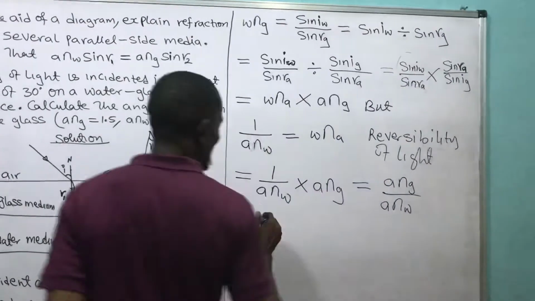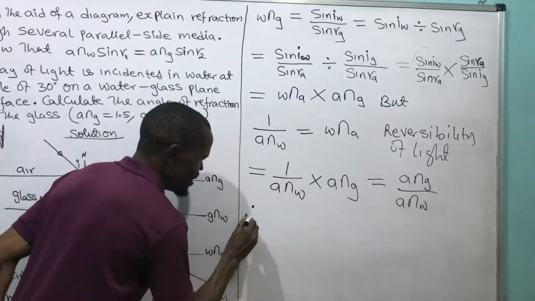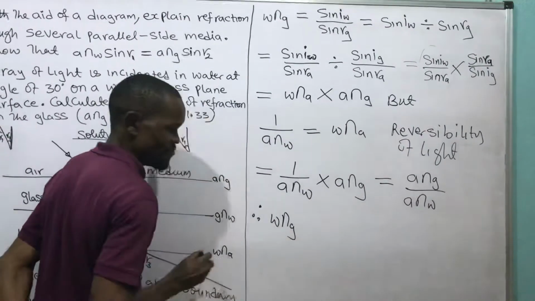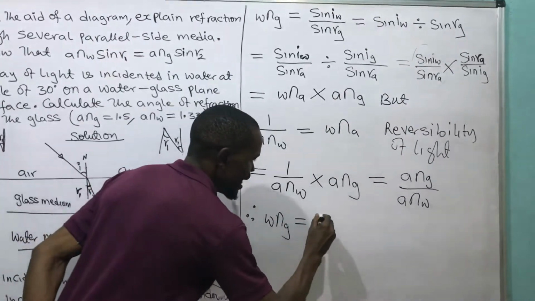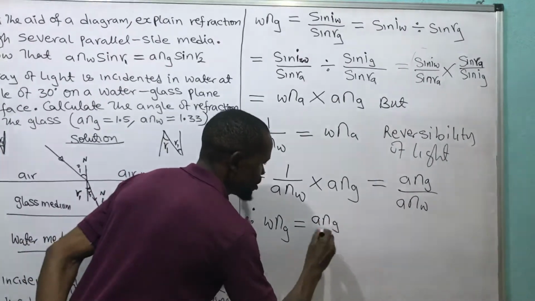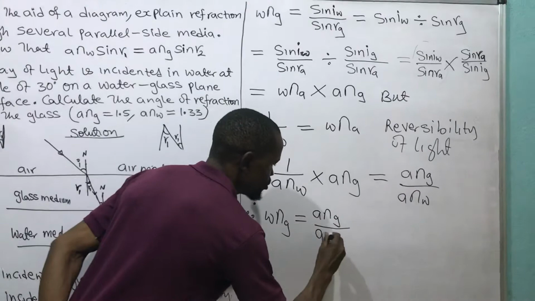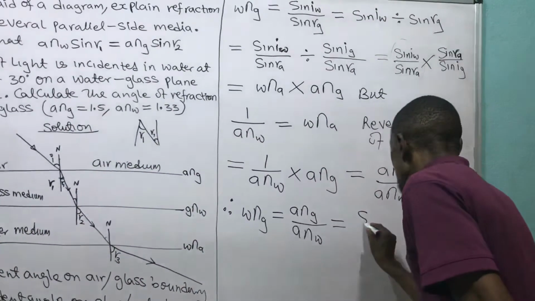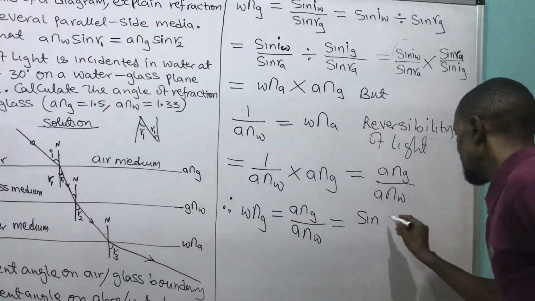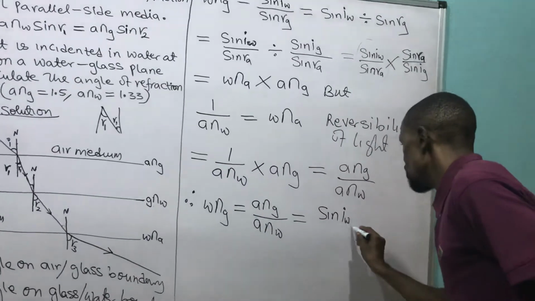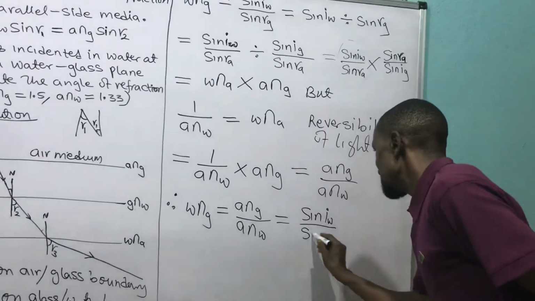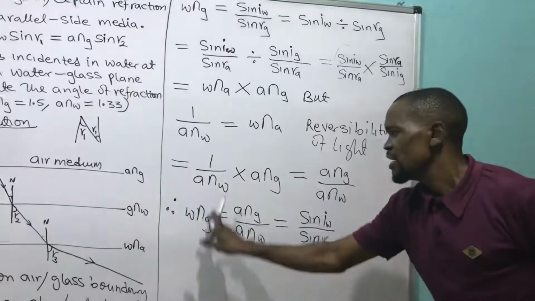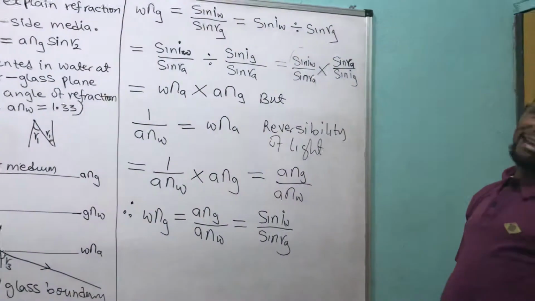This simply means that water to glass, which we are given, is equal to air to glass all over air to water, and is equal to sine of what? Incidence in water all over sine of refraction in glass.